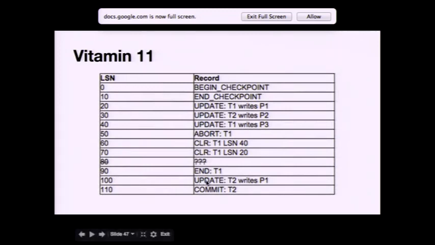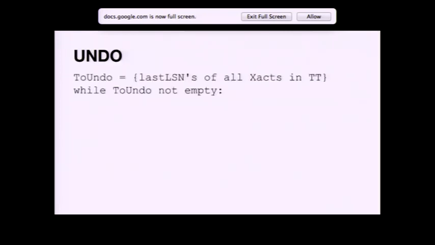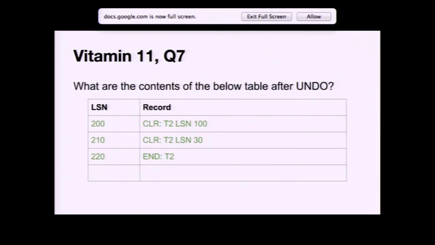So these are the updates. We have update T2 writes P1 at 100. If you go back, we jump up to here at 30. T2 writes P2. That's another update, and that's the other one that we undo. And then we write the end record, and that's it. Okay, that's all I have.